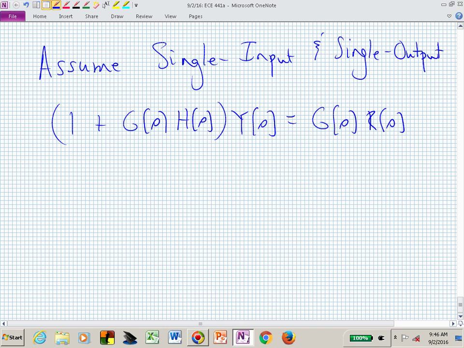And since the left-hand coefficient, that expression scaling the output signal Y of S, the Laplace transform of the output, is scalar, I can divide through.